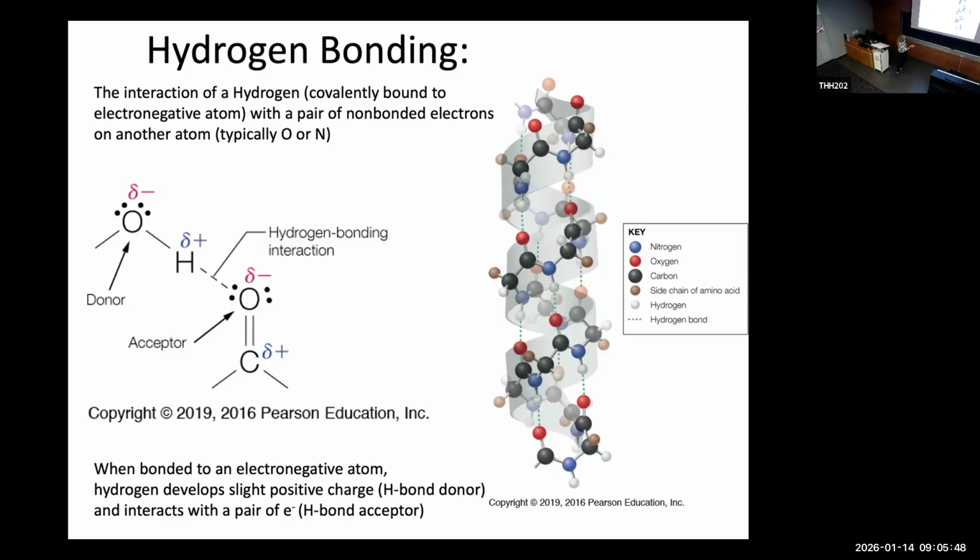Those are in polar covalent bonds of their own, here and here. And so it creates that scenario where you can get a hydrogen bond interaction. If you have lots of those throughout a structure, it can really help stabilize the whole three-dimensional structure of the molecule. So they are important, especially at scale.